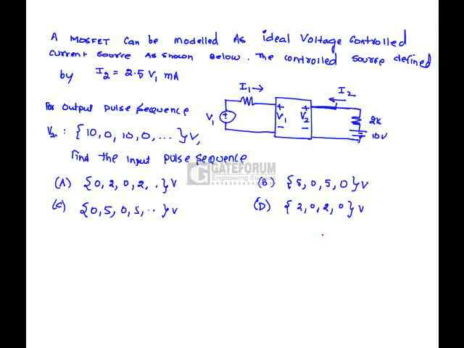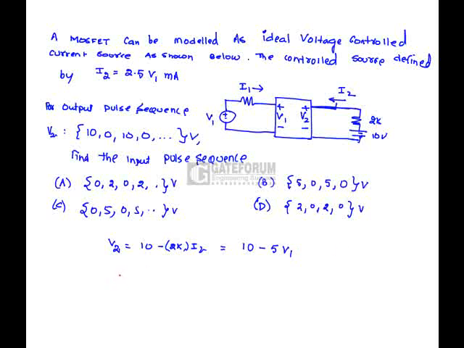Here V2 is decided by I2, that is, we can write V2 is nothing but 10 minus 2k into I2. If we substitute 2.5 V1, we get 10 minus 5V1 as V2.